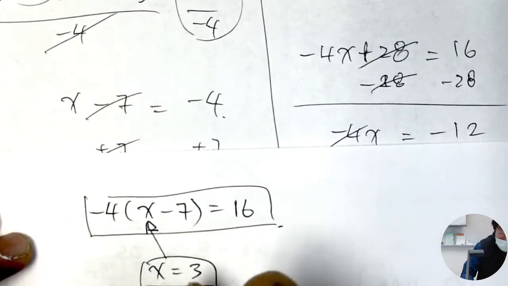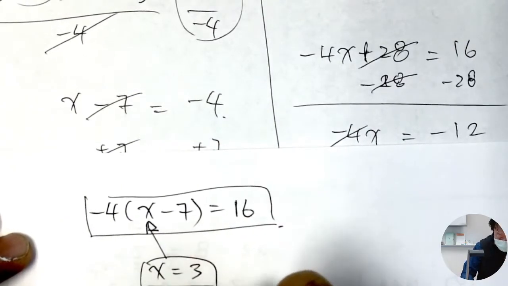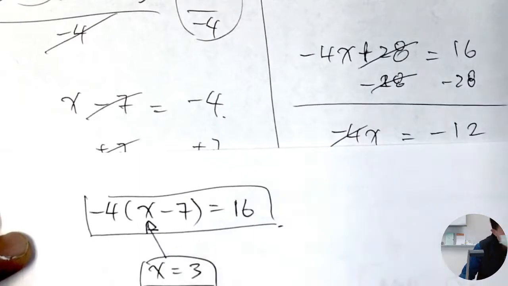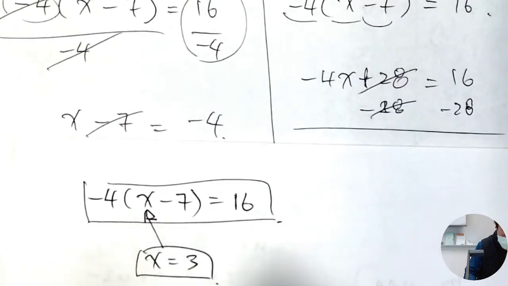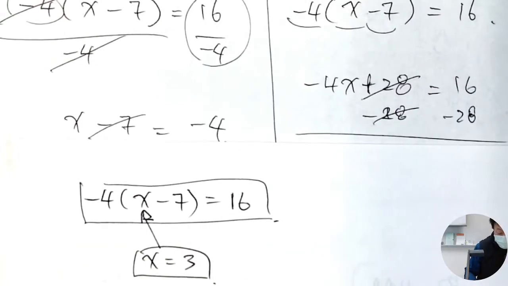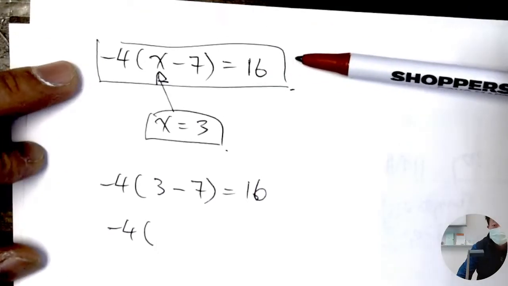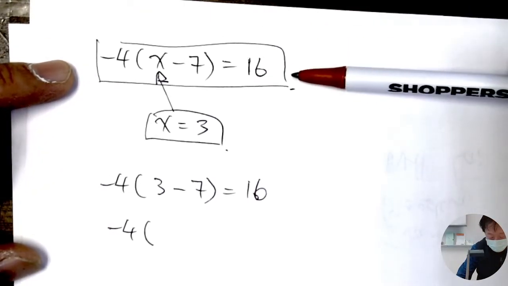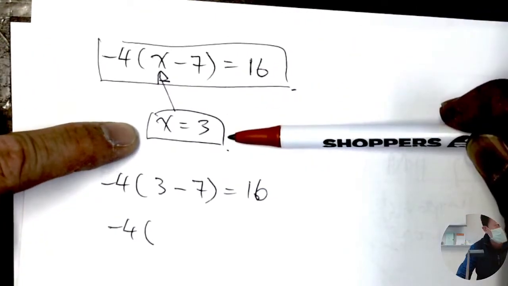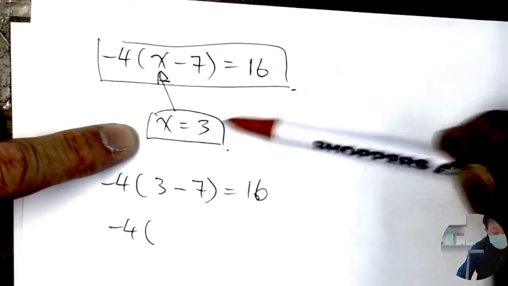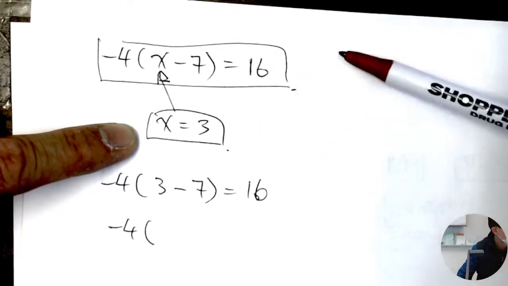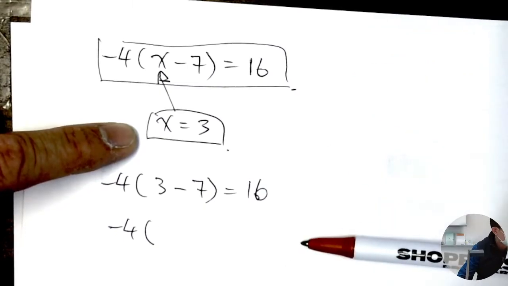Negative 4, 3 instead of x, minus 7, equals 16. See if this works. Again, you might want to write down the equation as it is, and write down the answer that you solved for. I want to check if this actually works. If it works, I'm 100% sure that I got this correct.